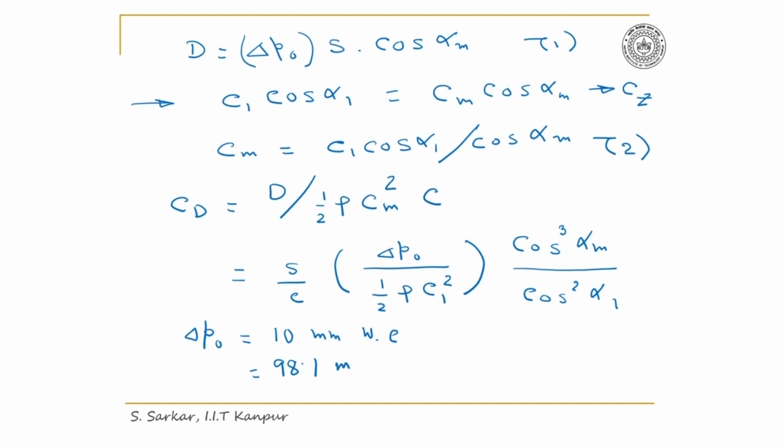Now evaluate the value of del P0 and other quantities. So you can get CD as 0.0355. Thus I have evaluated the value of CD. Let's go ahead. After evaluating CD, I'll go for CL.